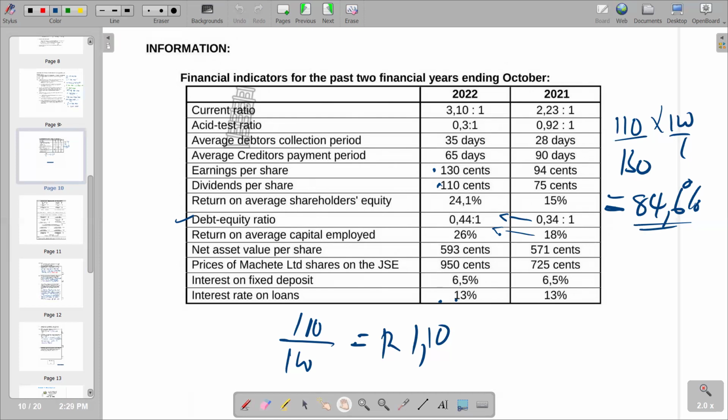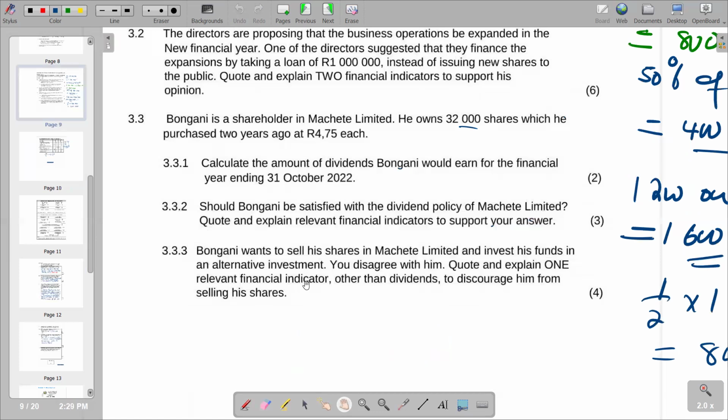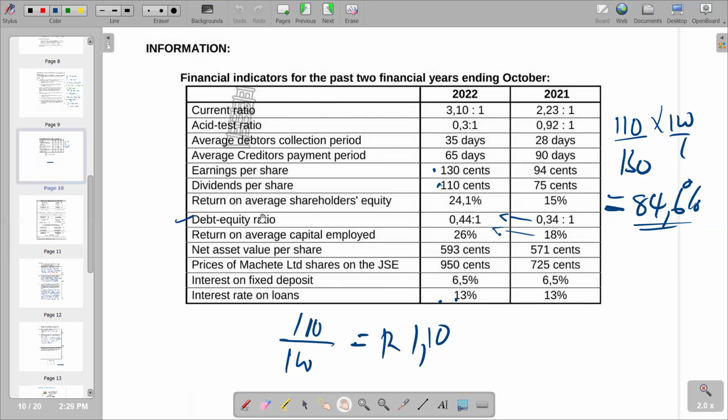That's why the question is saying you disagree with him. The financial indicator we are going to refer to is the return on average shareholders' equity, which is 24.1%, being more than the interest on fixed deposit.